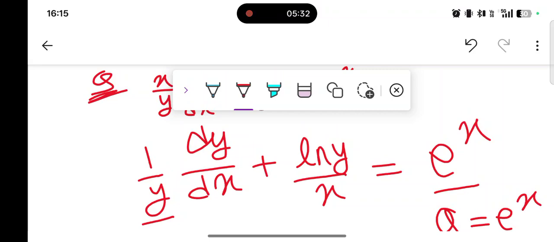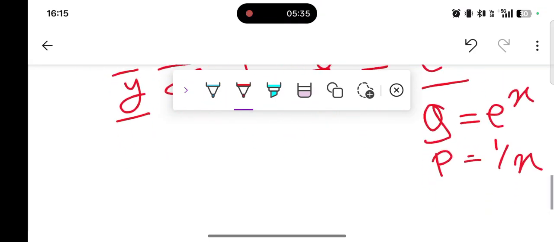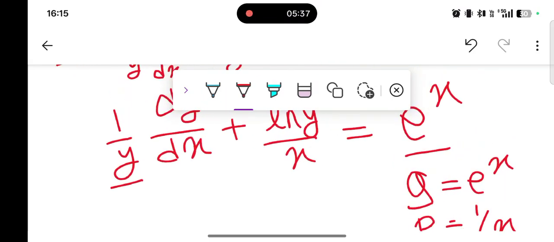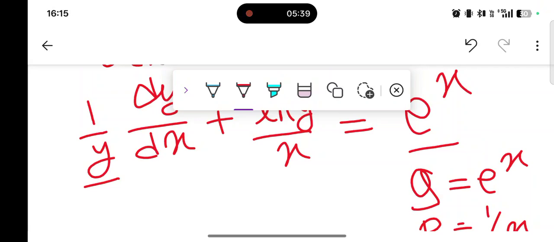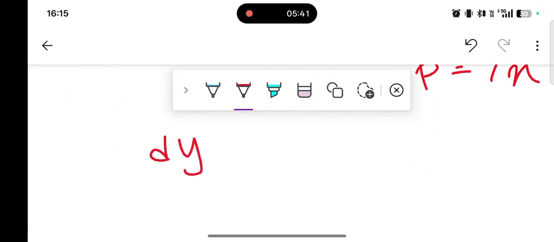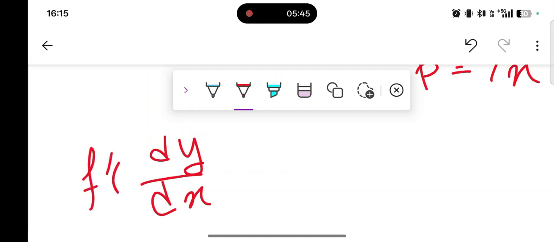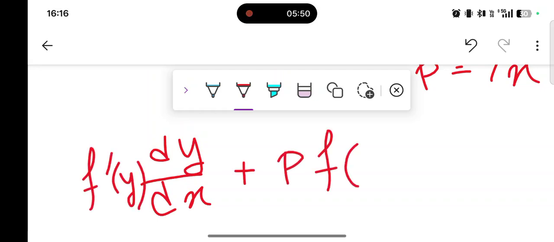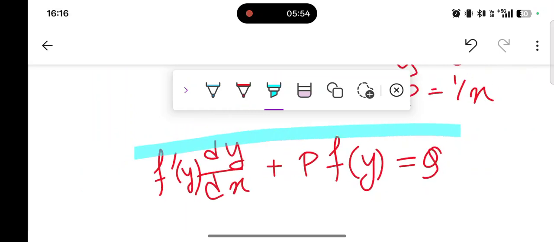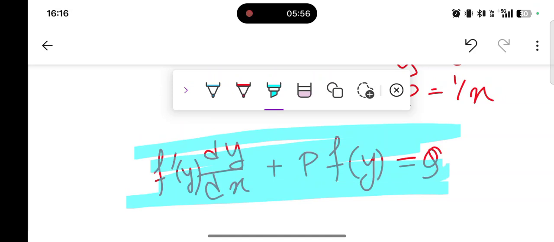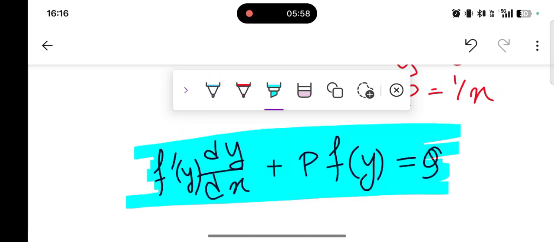So in that case, be careful, this is the format: something like dy by dx into f dash y plus p into f y equals q. Remember this format forever, because it is one of the important formats.